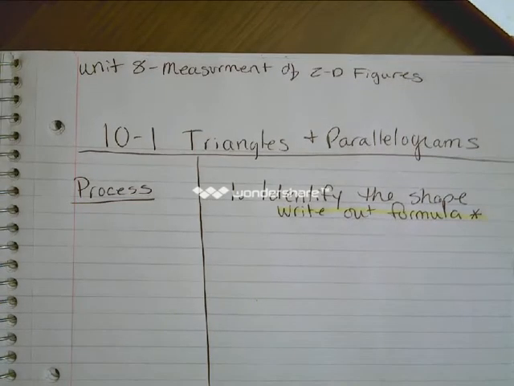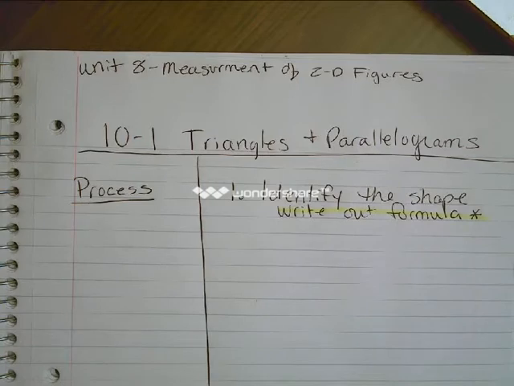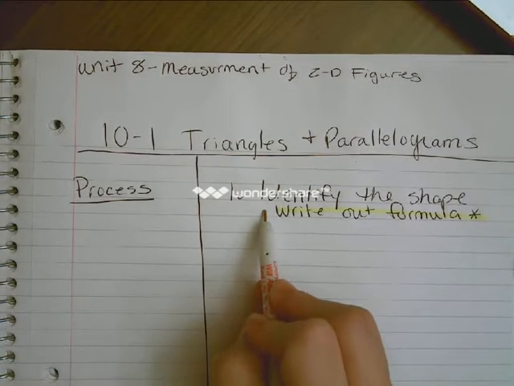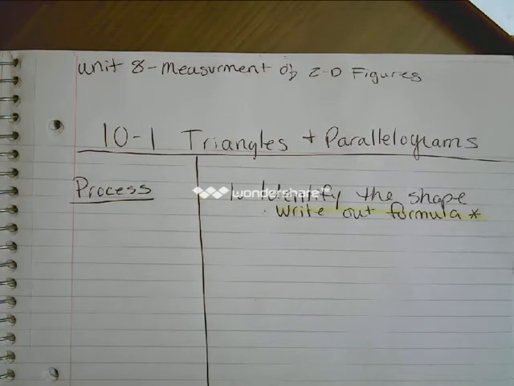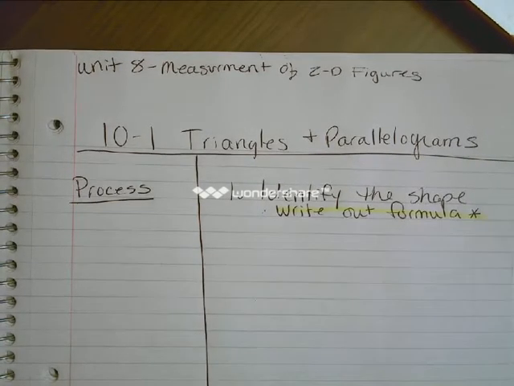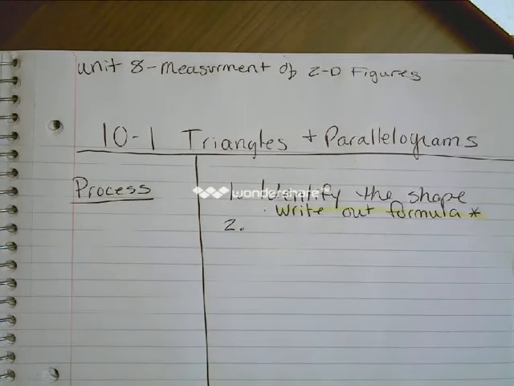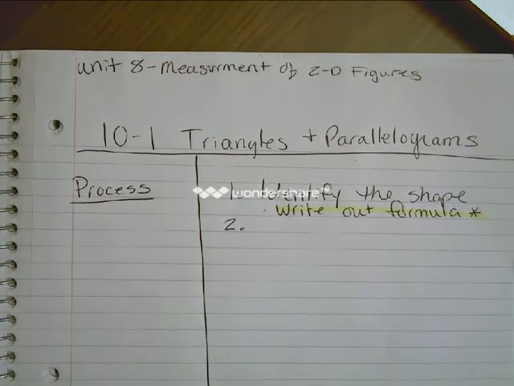When they get to a problem that doesn't ask for area, let's say they give you the area and ask for height, you've seen those problems before where they're basically wanting you to do the problem backwards. If you miss this step, a lot of you are going to get confused because you're not going to know where to put the numbers into the formula unless you have the formula written down. So if you find yourself getting stumbled on those questions, ask yourself, did I write out the formula?